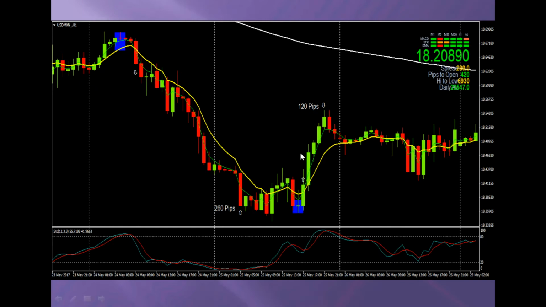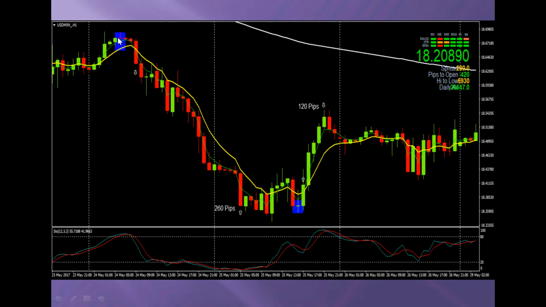That's 1, 2, 3, 4 hours, 120 pips. And you don't actually have an exit signal until the signal on this one here closes below support. But you would probably, likely, most people will, ride it up for about, say, 80, 100 pips, and you're happy with that, and then you close the trade.